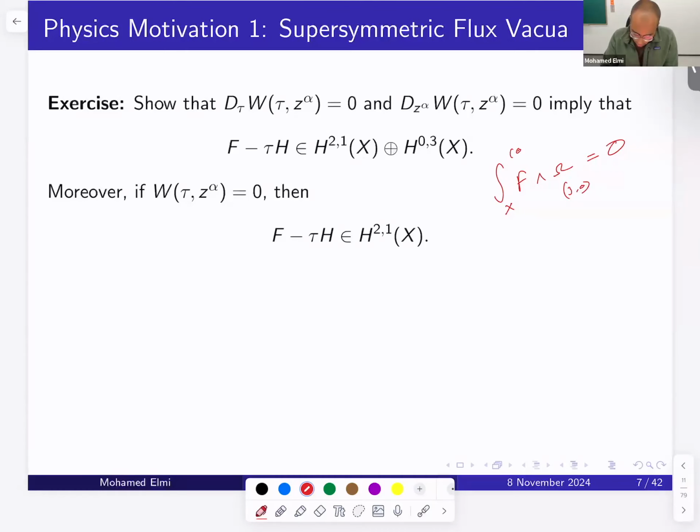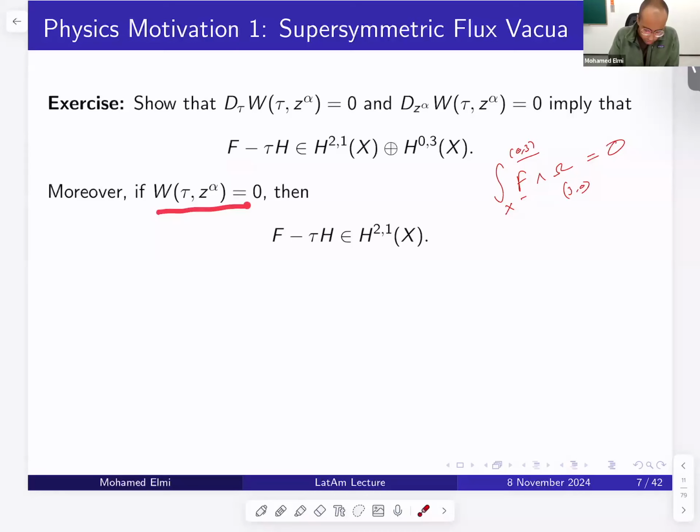If this had a 0-3 part, you could make a 3-3 form, which gives something related to your volume form, and this should not vanish. So you conclude that your F has no 0-3 part. And you play these kind of games, and you can argue that this particular combination of fluxes has no 3-0 parts and no 1-2 parts.